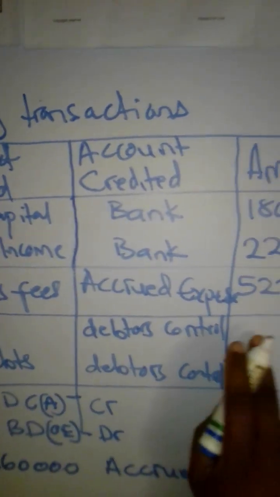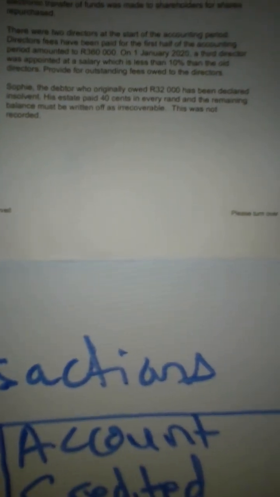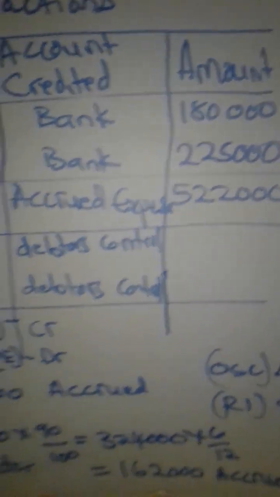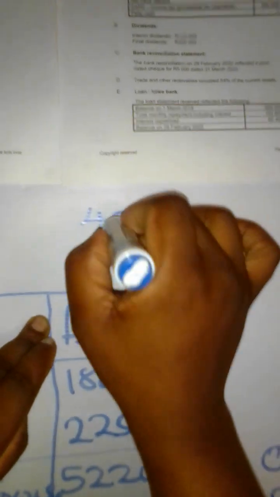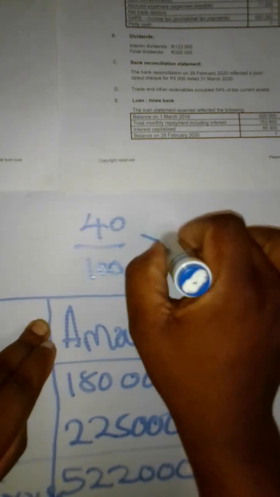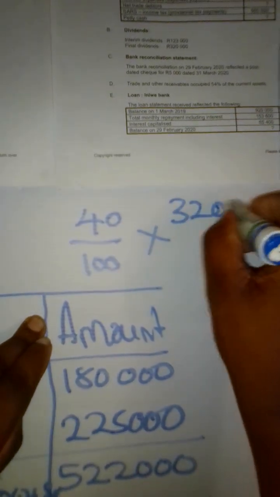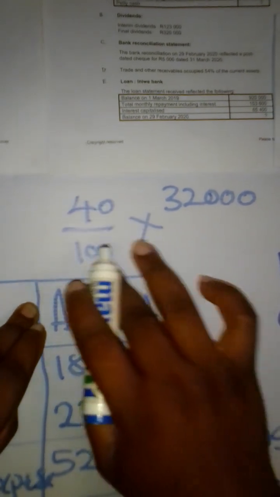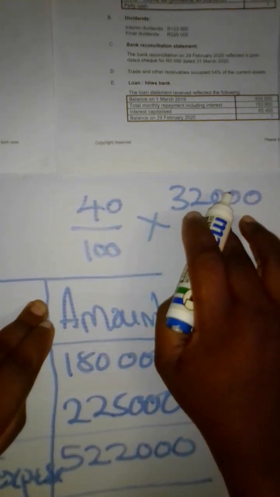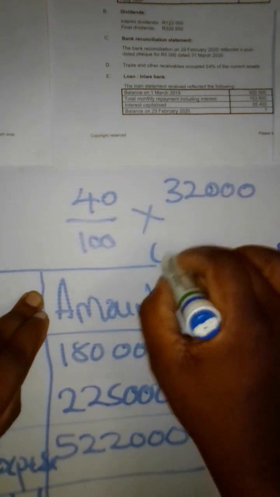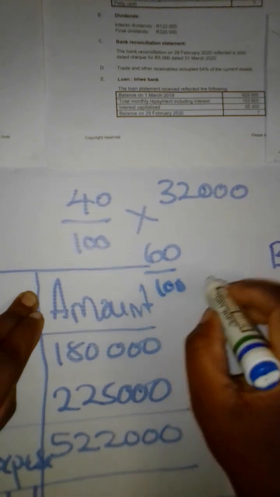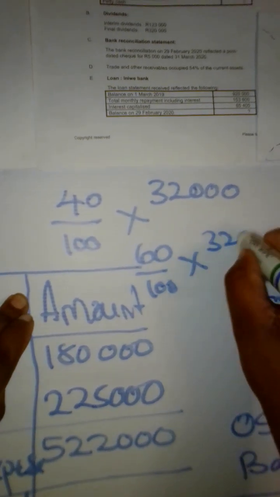Remember they said 40 cents in the rand. So the first part, we're going to recover 40 cents. I'll show it here: 40 cents in the rand is simply 40 cents over 1 rand, and then you multiply by the money that was due, which is 32,000. If 40 cents in the rand is being recovered, how much is not being recovered? 60 cents in the rand is the bad debt, so you multiply by 32,000 again.